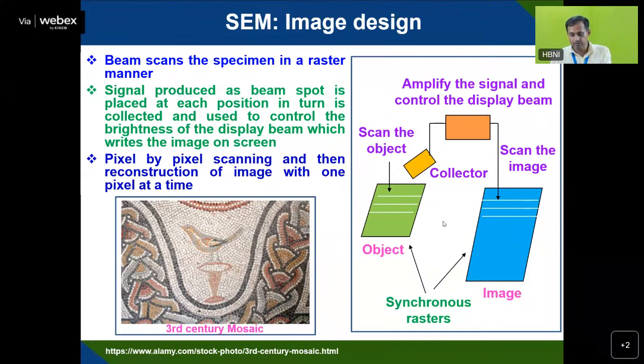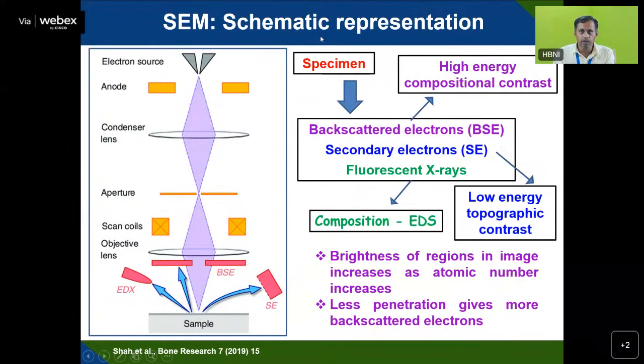So each of it is scanned, and finally you reconstitute that image pixel by pixel to get a 3D structure. If you see here in a scanning electron microscope, first you need a specimen, the sample, and then to see the structure, you need backscatter and secondary electrons. These are produced from an electron source. You have the electron source here, either by thermionic emission or field emission, you can generate that electron.